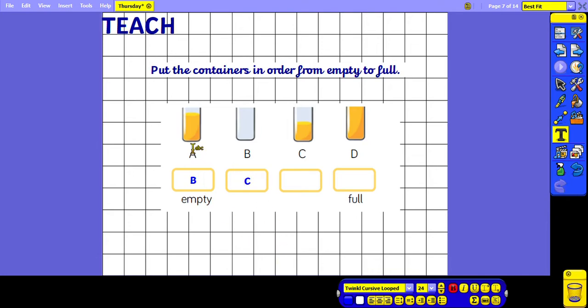Which leaves us with A and D. So we can see that A is nearly full, whereas D is full to the top. So A is the next fullest, and then the one that is completely full is D.